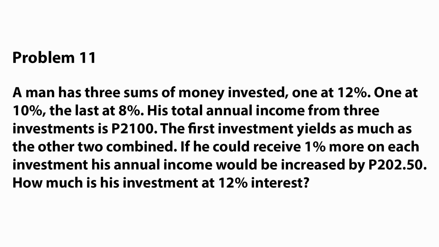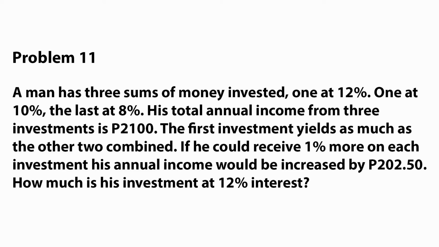Next problem is an investment type of worded problem under algebra still. A man has three sums of money invested, one at 12%, one at 10%, and last at 8%. His total annual income from three investments is 2,100.